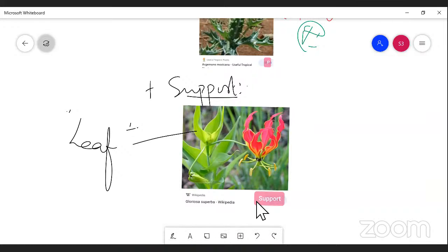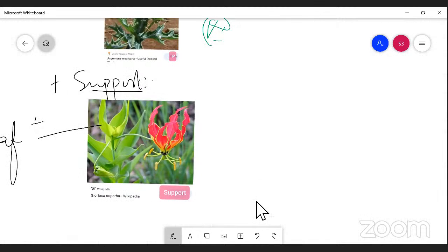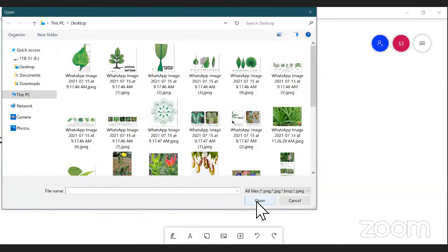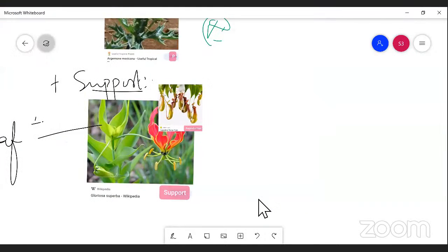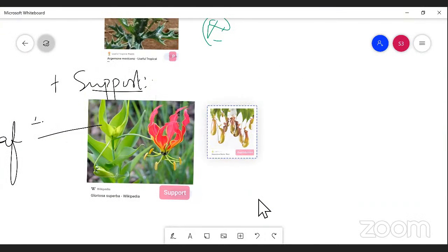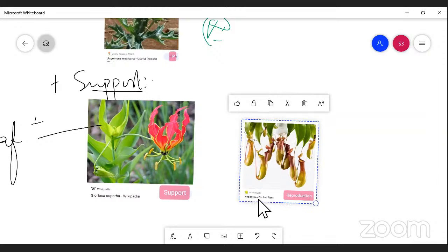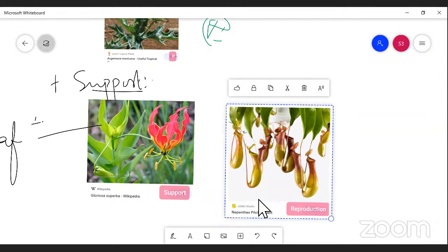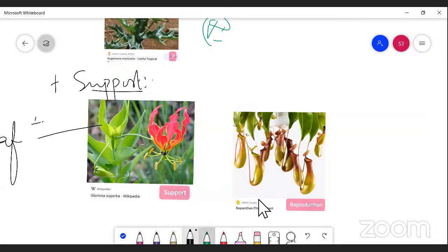And one more example I am going to give you, please understand, my dear students. That is Nepenthes, also known as the pitcher plant. This is also a very important plant. One more secondary function is reproduction.